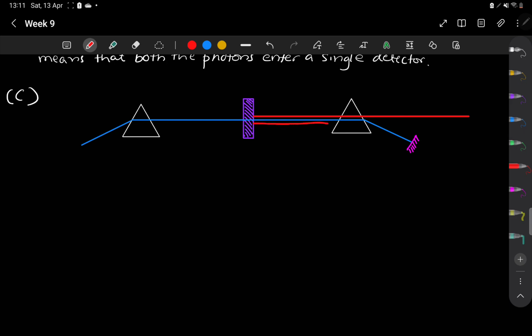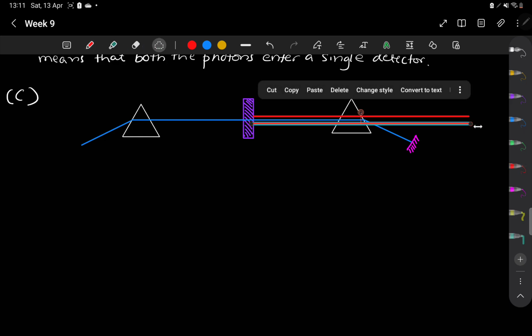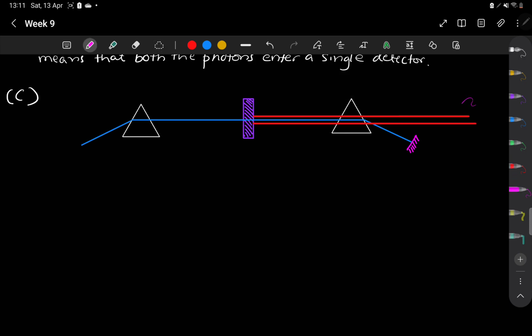It will not get deflected by the prism, it will go straight. And another mirror over here. This will reflect the field to this port.